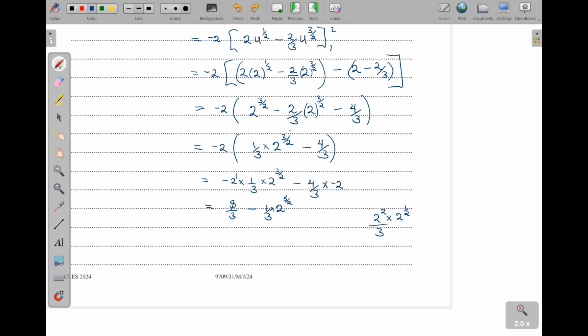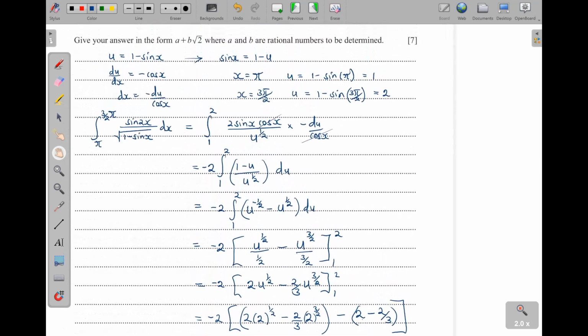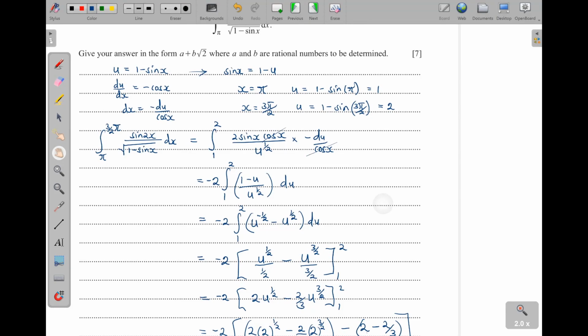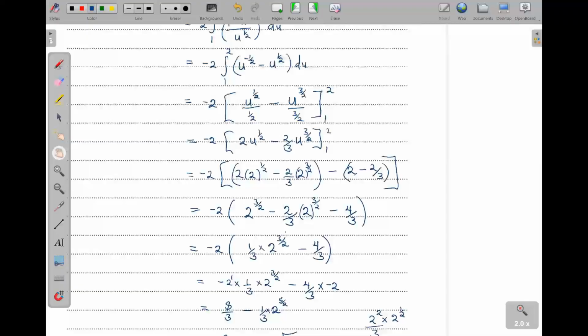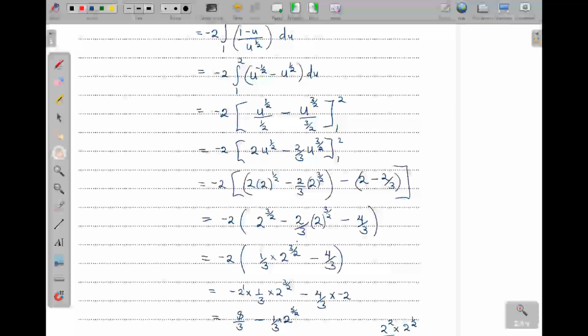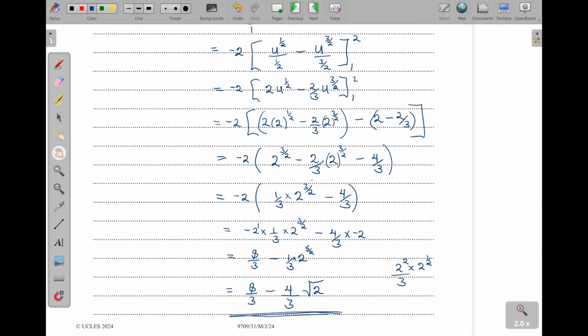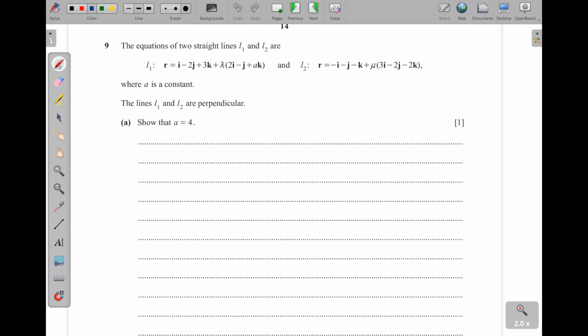So I'm going to have 8 over 3 minus 4 over 3, then square root of 2. So that will be our answer there. Remember, they said that A and B are rational numbers to be determined. So our A is 8 over 3, and then our B is negative 4 over 3. So that is that.